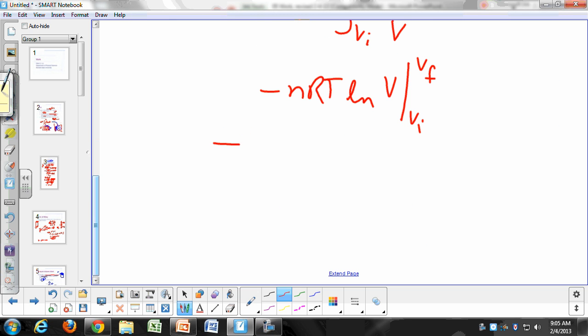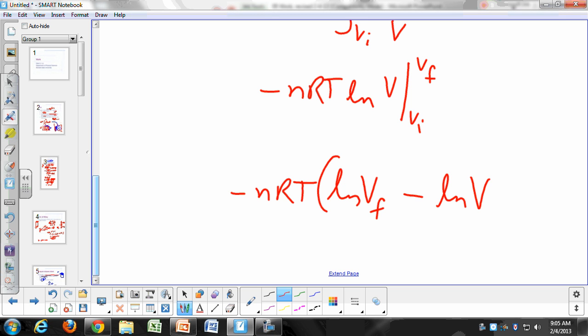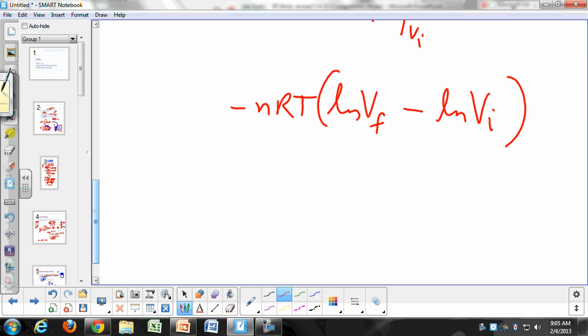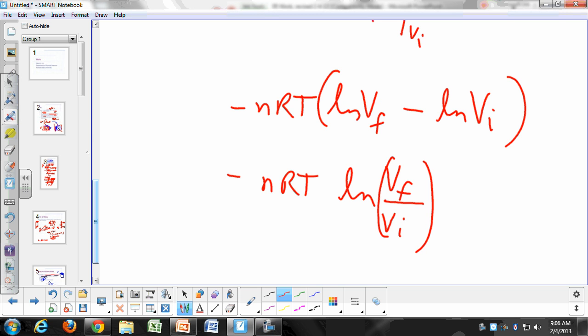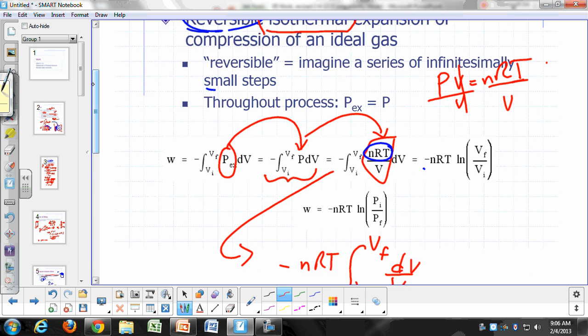That's the same thing as negative nRT times ln V final minus ln of V initial, which is the same thing as negative nRT ln V final over V initial. And so that's the formula that we have right here. That's the work due to a reversible expansion of an ideal gas.